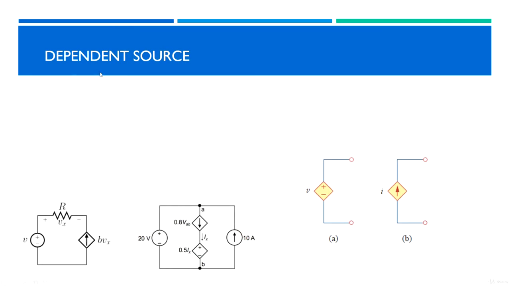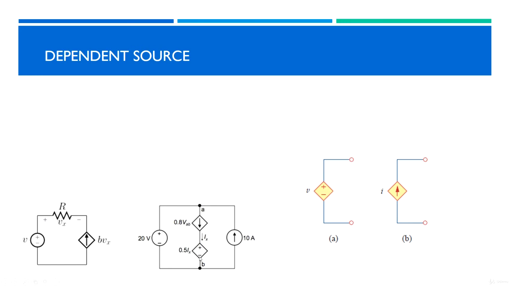So the dependent source examples: this one has a diamond shape in the case of both the voltage and the current source, and its voltage or current depends on an element inside our circuit. Let's have an example. This one is a current source whose value depends on the voltage Vx, which is the voltage across the resistance.